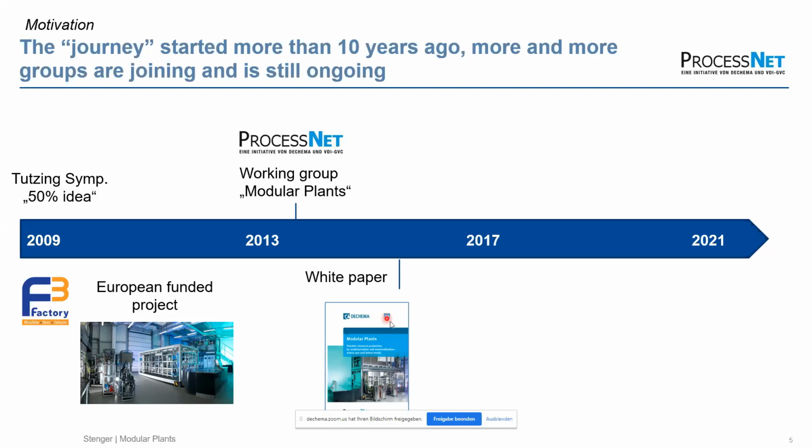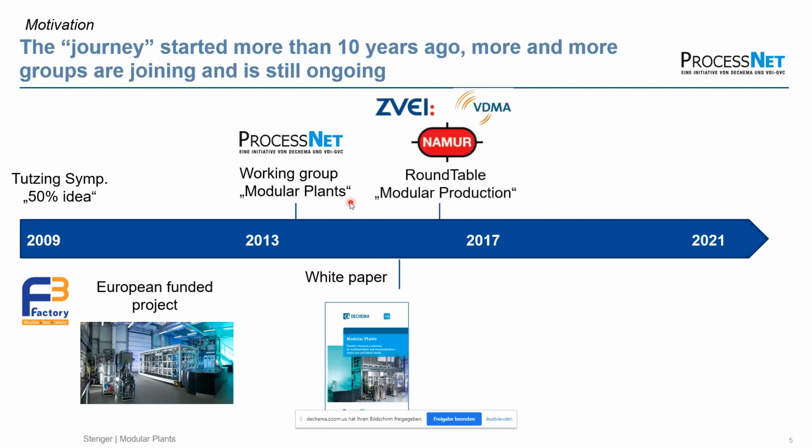It was clear from the beginning that this is not only driven by the owner operators, that there needs to be kind of an alignment with other associations within Germany. So we formed the round table on modular production together with the suppliers, automation suppliers of Namur, the electronic industry, and also the possible module suppliers. So all the associations joined in a so-called round table on that topic.